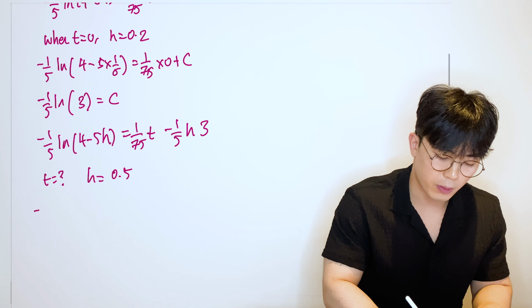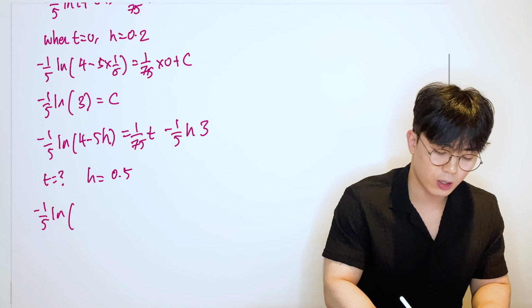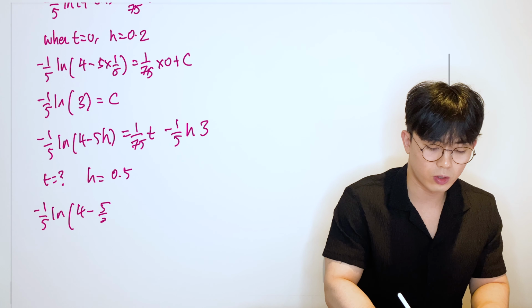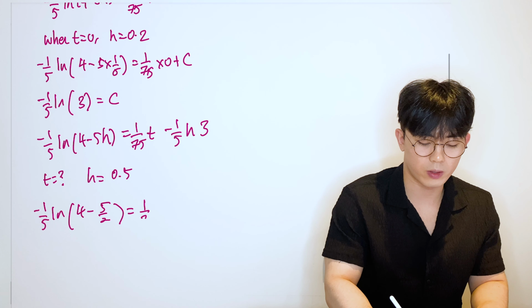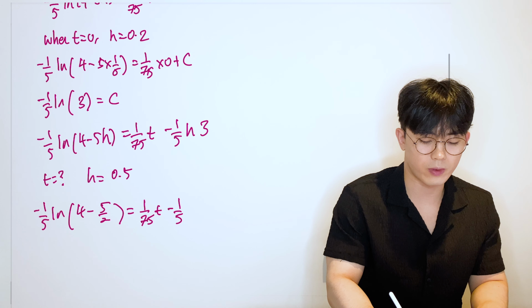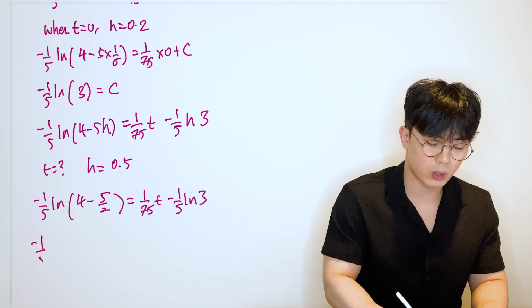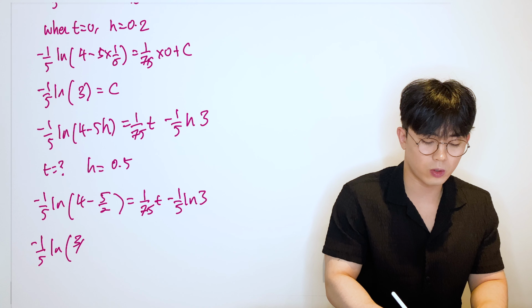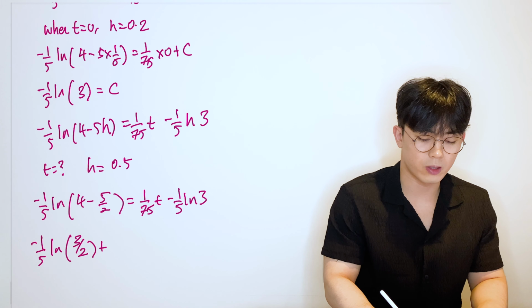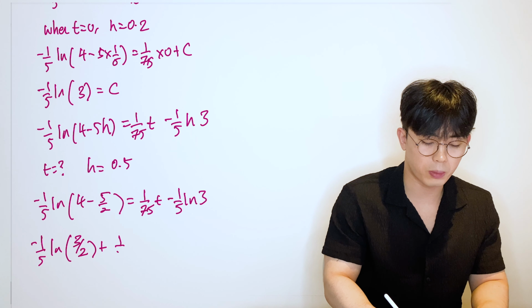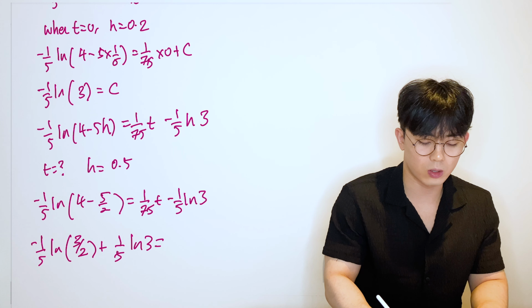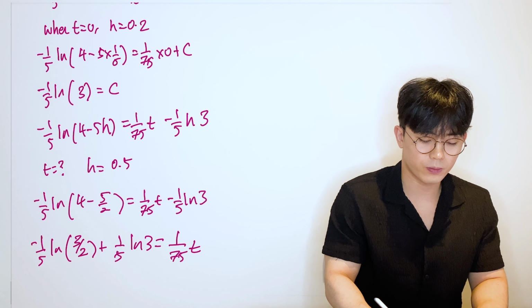So we're going to get minus 1 over 5 ln of 4 minus 5 over 2 is equal to 1 over 75 t minus 1 over 5 ln 3. This here is going to be 1 over 5 ln, this is 3 over 2. I'm going to bring the c part to the left-hand side, so we get plus 1 over 5 ln 3 is equal to 1 over 75 t.